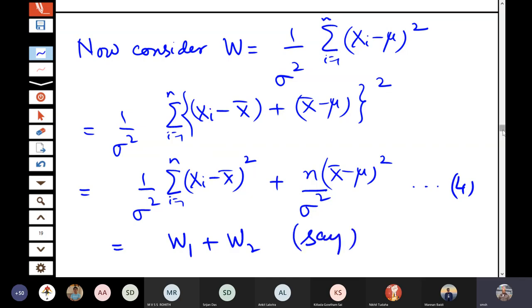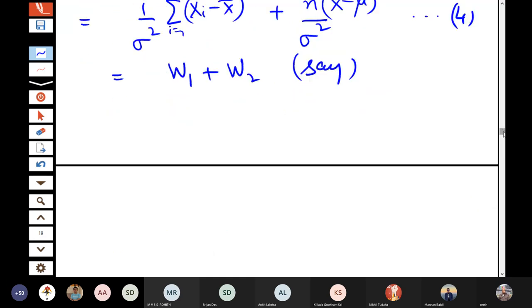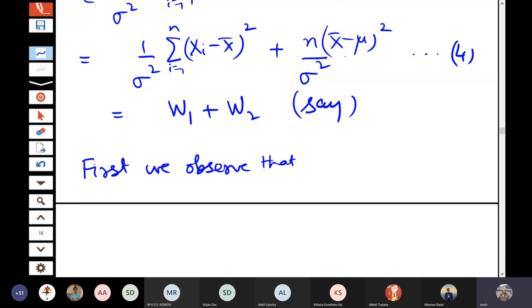Let us look at this W1 and W2. First, we observe that W2 is a function of x bar and W1 is a function of U1, U2, UN. Therefore, since we have proved that x bar and U1, U2, UN are independent, it means W1 and W2 are independently distributed.